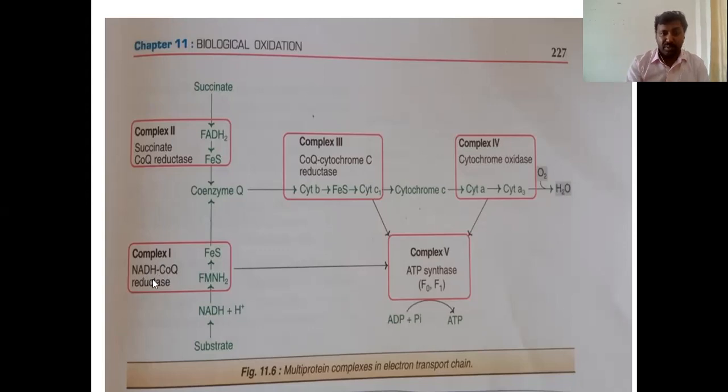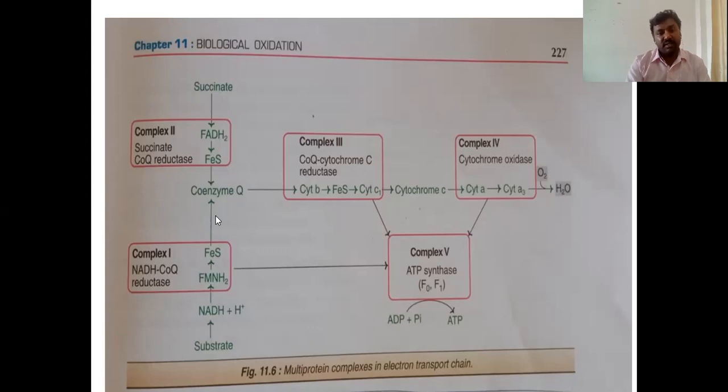Better you write NADH coenzyme Q reductase, because NADH, after releasing, transfers electrons from the substrate to FMN, then FMNH2 transfers to the iron sulfur, then iron sulfur transfers to the coenzyme Q. Here FMN is involved between the transfer of electrons from NADH to coenzyme Q, along with iron sulfur.